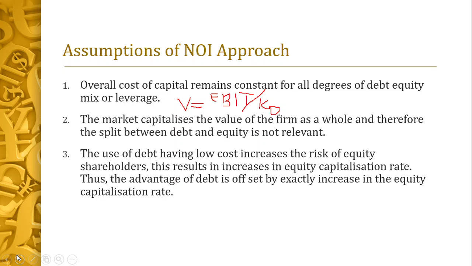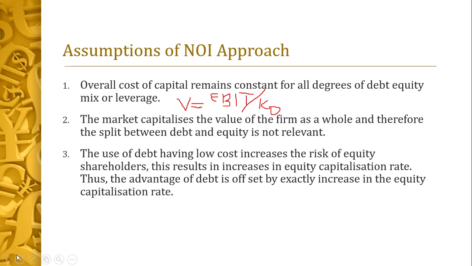And the third assumption is the reason why capital structure decisions are irrelevant. It tells that the decrease in the cost of debt is equally offset by the increase in the expected return of equity shareholders. That is what the third assumption tells.